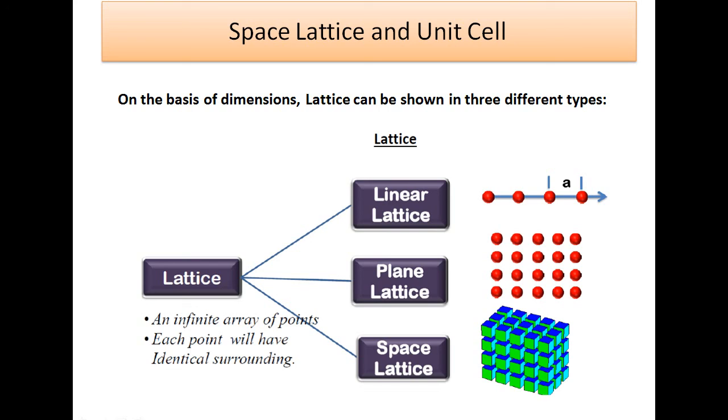Now, if we show it in 2 dimensions, we call it a plane lattice. Similarly, if we show it in 3 dimensions, we call it a space lattice. So a lattice is an infinite array of points such that each point has an identical surrounding everywhere in the lattice.